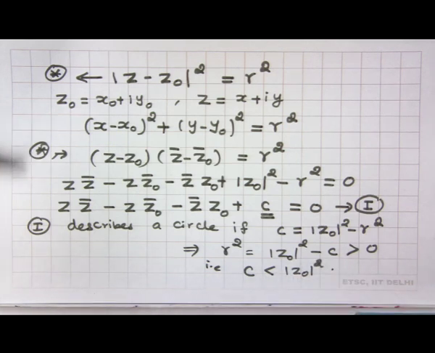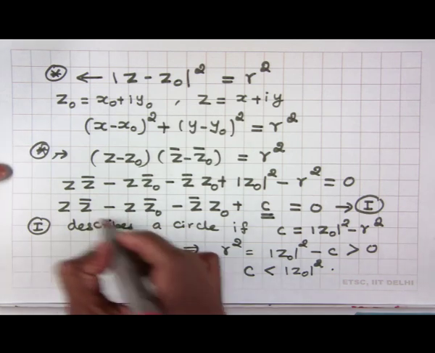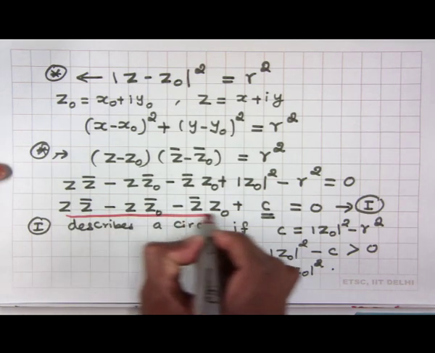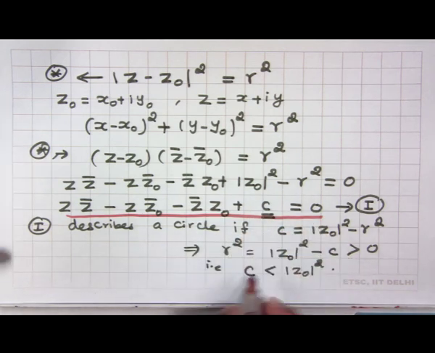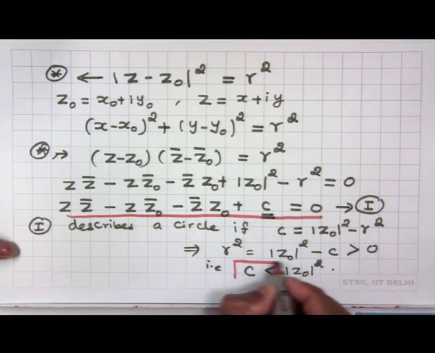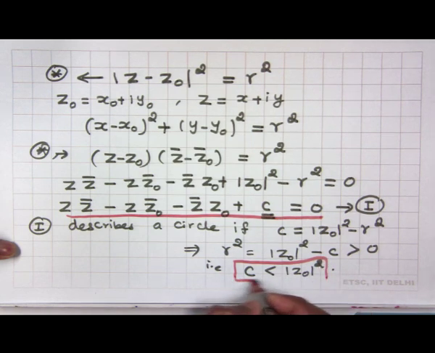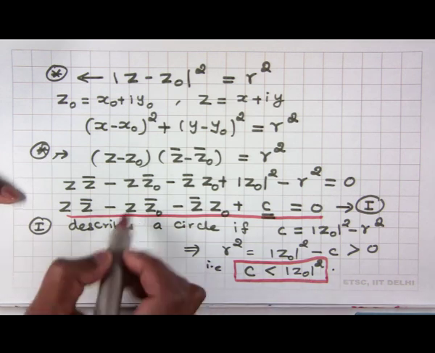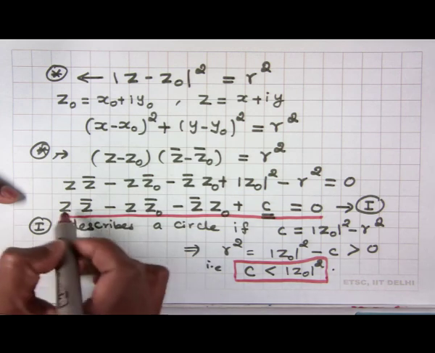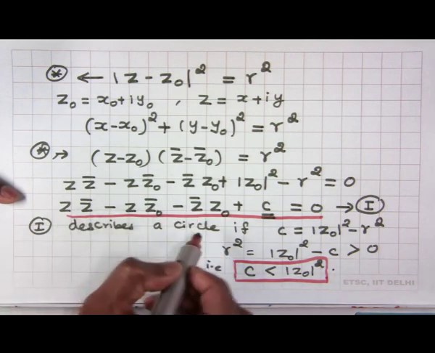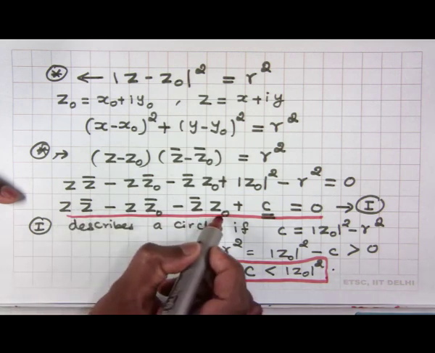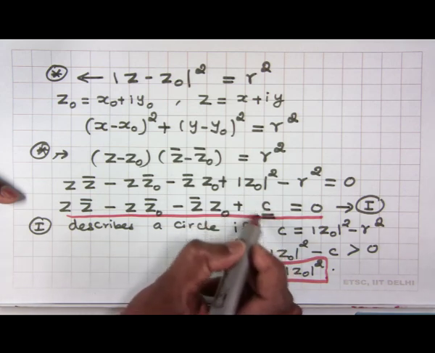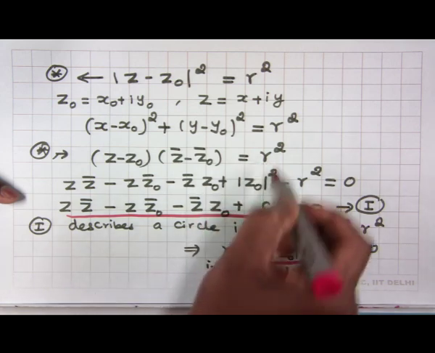Okay. So, to summarize, 1 denotes the equation of a circle provided C satisfies this condition. If C satisfies this condition, then this equation describes a circle centered at z0, but we need to manipulate it to get the radius r.